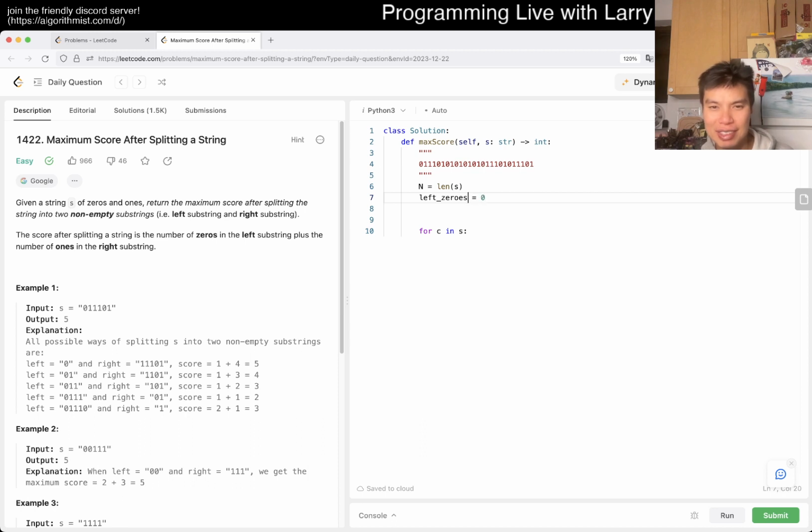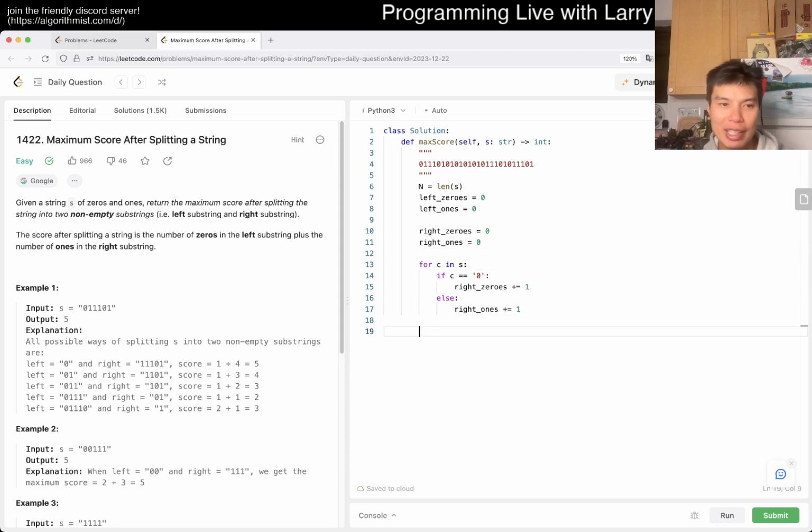Left zeros is equal to 0, left ones is equal to 0, and right zeros we have to fill out. So we start by counting these. If c is equal to the string 0, right zeros increments by 1, else right ones increments by 1. Now we have a state.